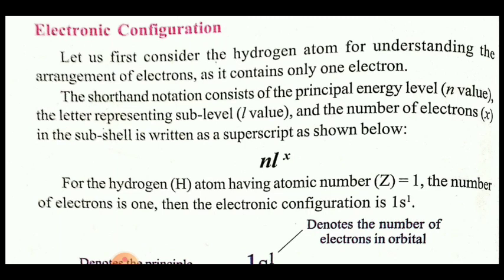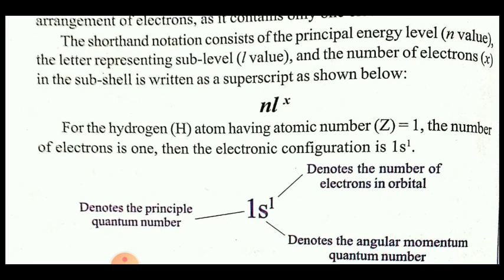For the hydrogen atom, the atomic number is 1 and the number of electrons is 1, so the electronic configuration is 1s1. Here 1 is the principal quantum number which tells us about the shell. The electron is revolving in the first shell, the K shell, that's why the n value is 1. The subshell is the s subshell.